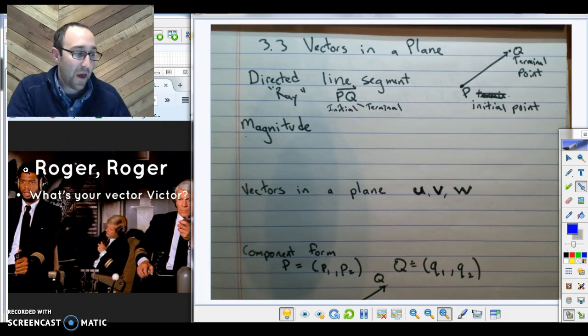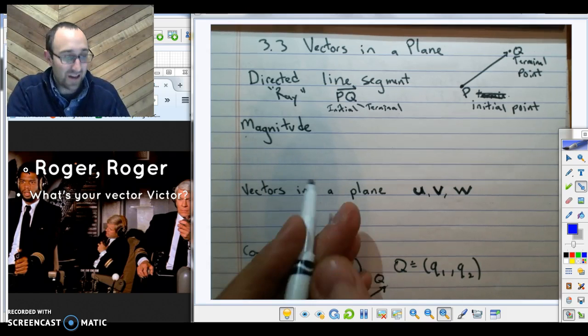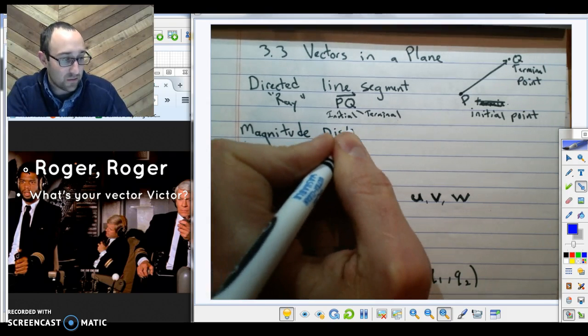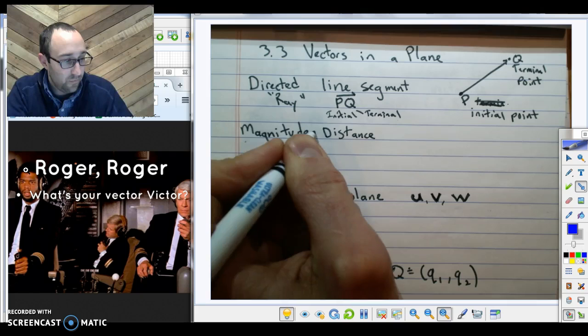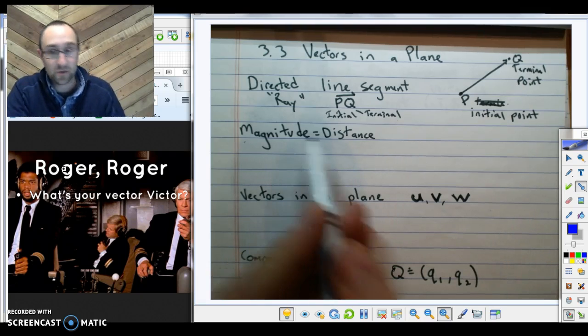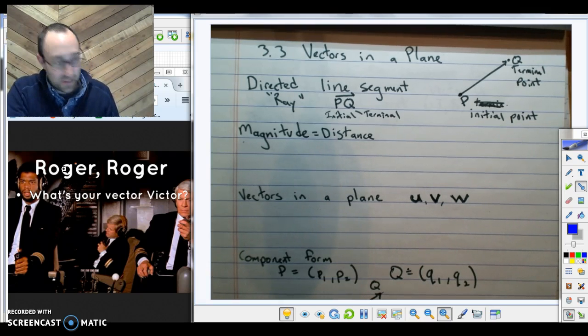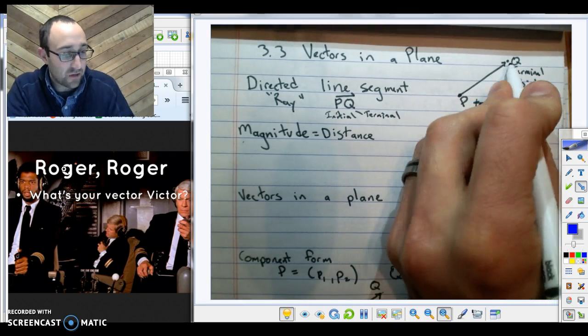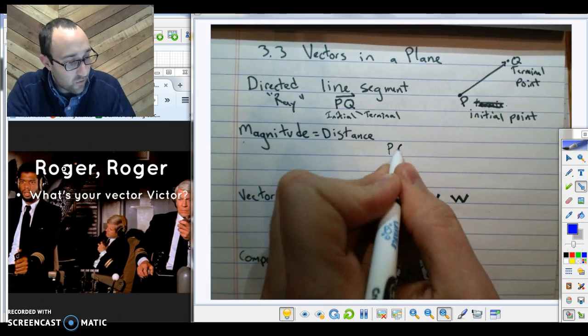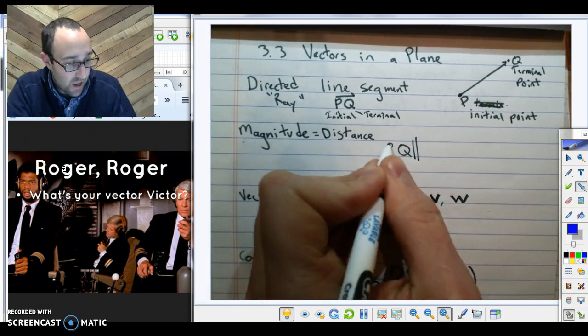The next thing is magnitude. Now, magnitude is a lot like distance. All right, how far is it from the initial point to the terminal point? That's what we're going to be using now, and it's called distance. And here's how you write magnitude. If I want to know what is the magnitude, aka what is the distance between P and Q, what I do is I write PQ, and we got double lines.